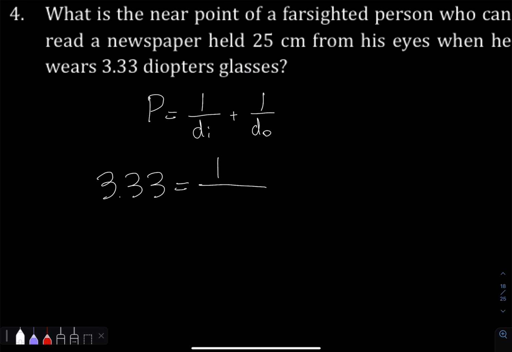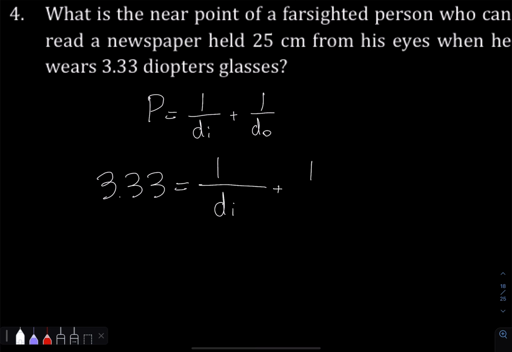We don't know the image. The distance from the image is going to be equal to the far point, or the near point in this case, because the person is farsighted. And the object, again, is held 25 centimeters from his eye.